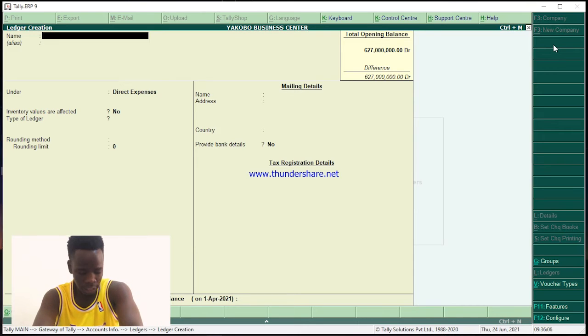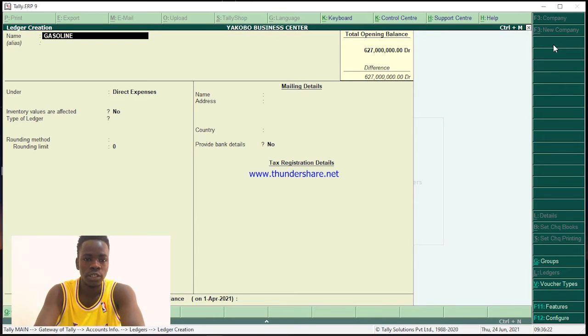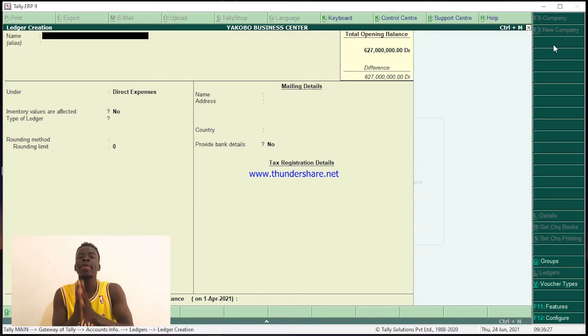We're having the money. So we are going to write our transport. Don't know how to type transport. We're just going to accept it. Next one is gasoline. We got to accept it. So we're done creating our expenses.